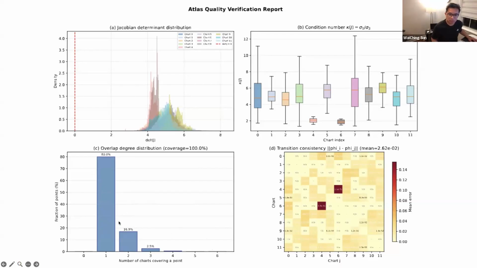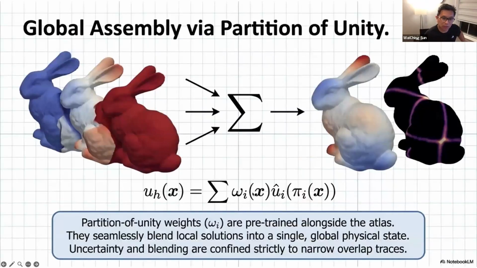And we can see some charts cover more points and some less. And then here is the transition map, making sure that in the overlap regions there is not that much mismatch between the collision charts. But assuming that this training and these benchmarks are passed, then the collision chart is ready to represent the geometry.